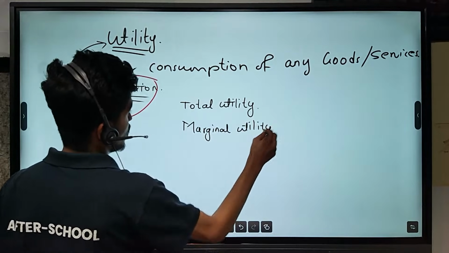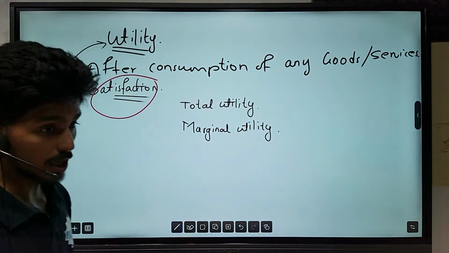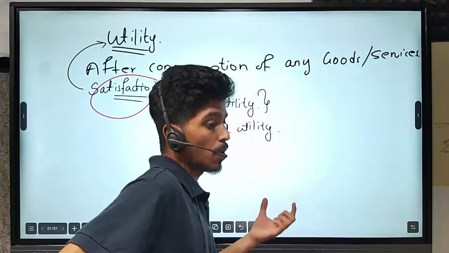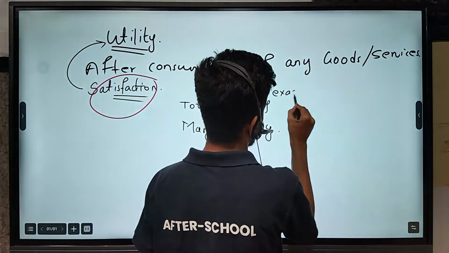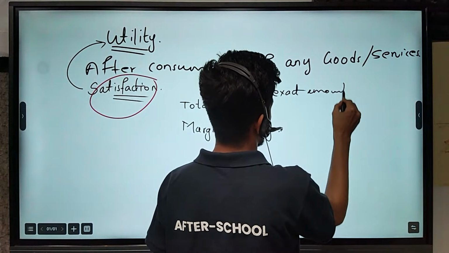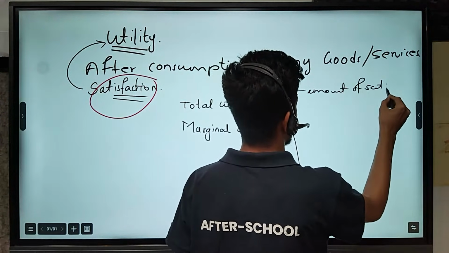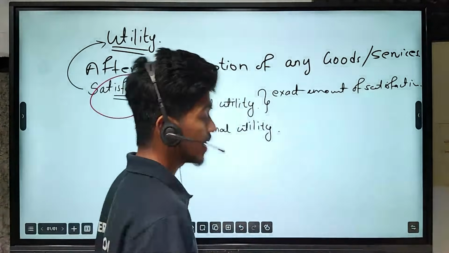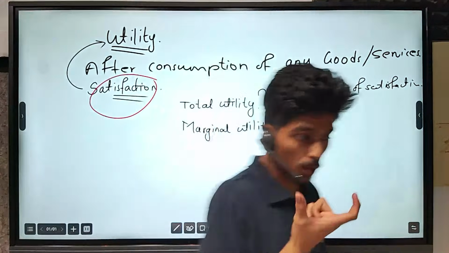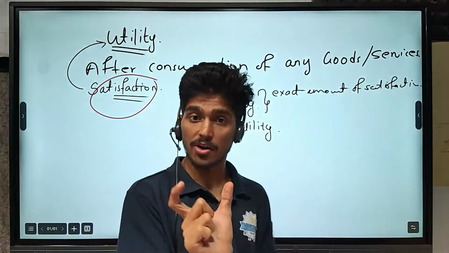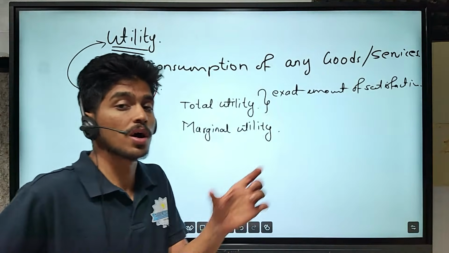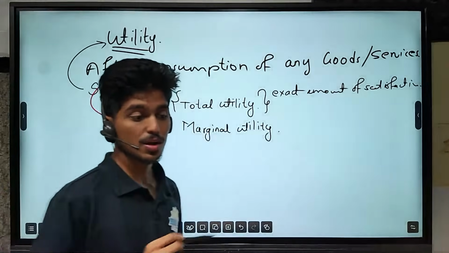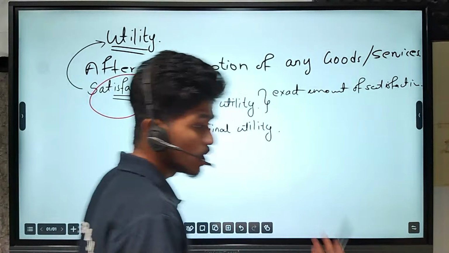Total utility means the exact amount of satisfaction we are getting after consuming the good. If you get 100 satisfaction after consuming one good, that is called total utility.